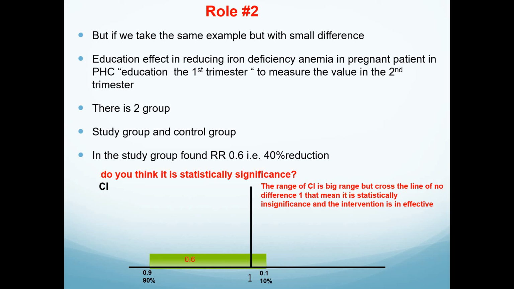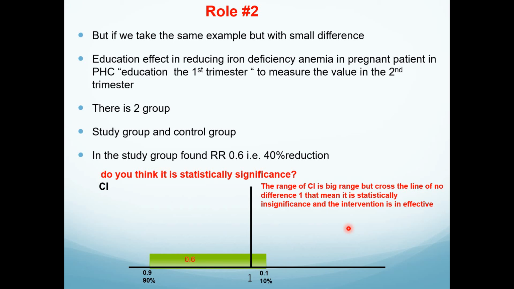You can see here, some of them cross the line of no difference and are developing iron deficiency anemia, and the majority of them are not developing iron deficiency anemia. What does that mean? That means this study is statistically insignificant and the intervention is ineffective.